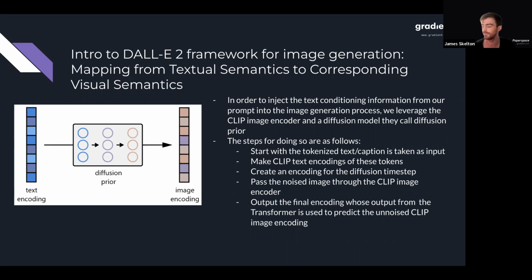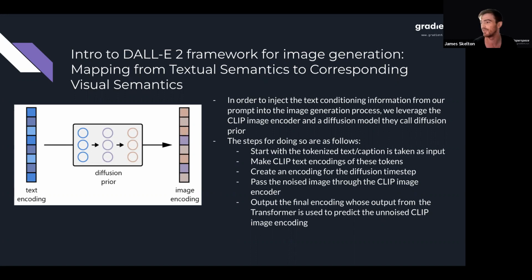It takes the text encoding that we created here to use with the diffusion prior, which is pictured here. We start out with the tokenized text and caption as input. We make the CLIP and text encodings.